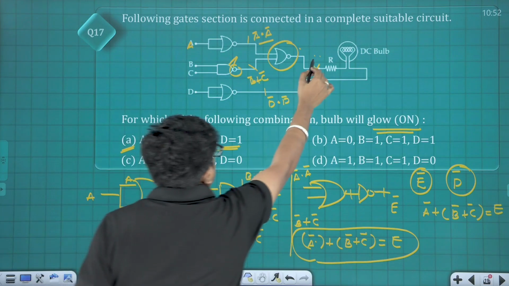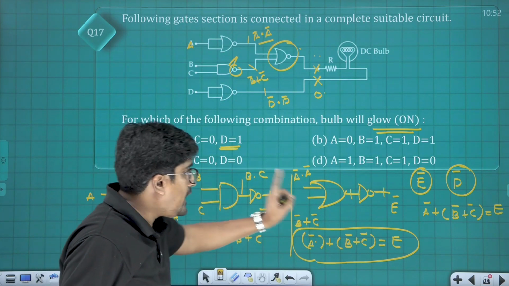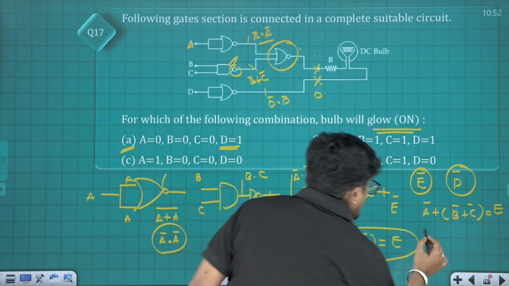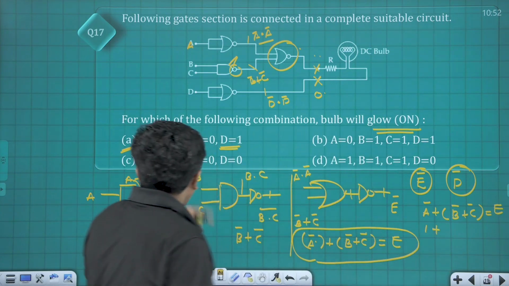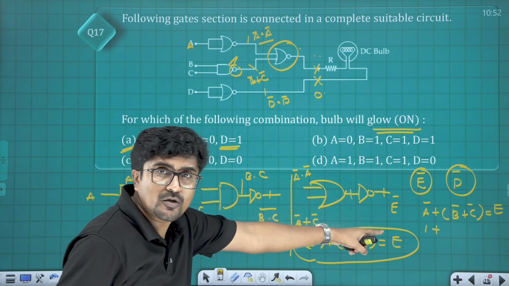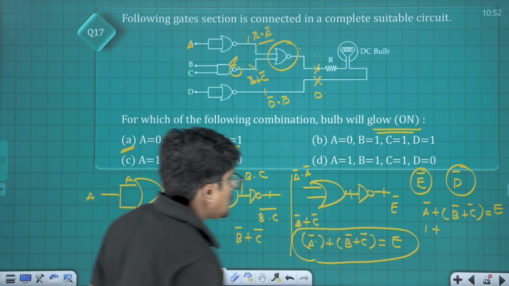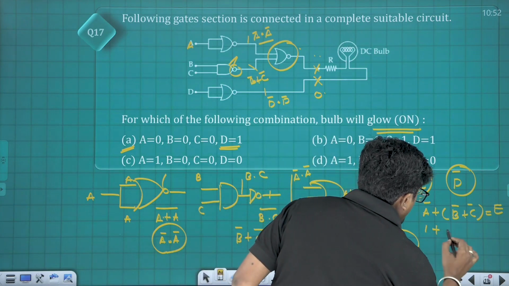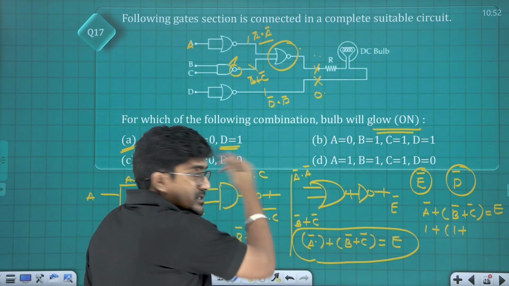And what about the other terminal? There we have A as 0, so here A bar is going to be 1. B bar is also going to be 1. So 1 plus 1 plus C, which is 0, so C bar is 1.